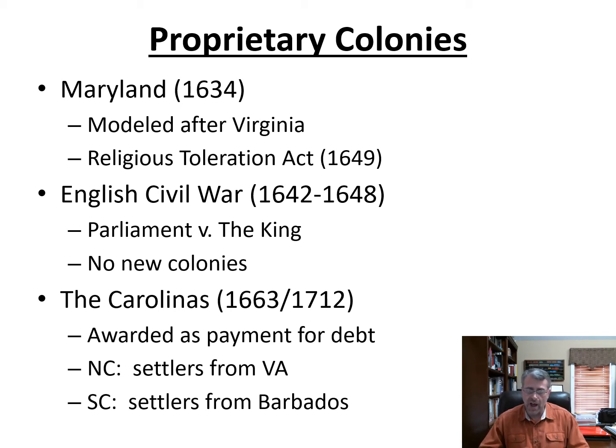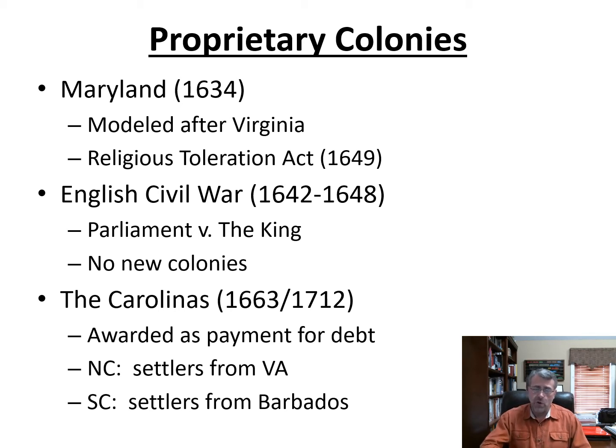So for the first time now, we see a significant number of slaves being brought into North America. Up to this point, prior to the 1660s, basically for the previous 50 years of British colonization in North America, there's been very few slaves. Very few. There were slaves at Jamestown, but they were in such small numbers they were almost unnoticeable. Now, for the first time, we have significant numbers of slaves being brought into the colonies.